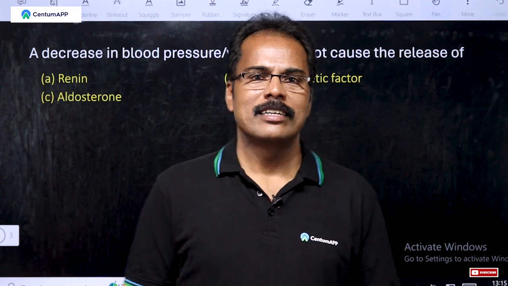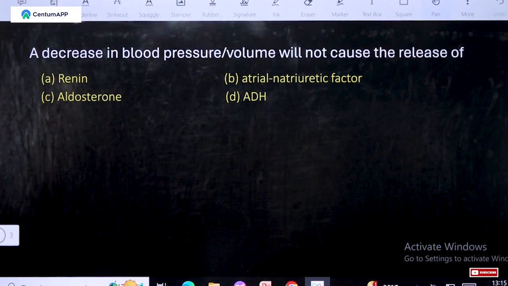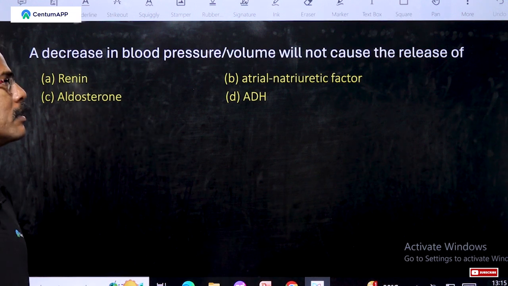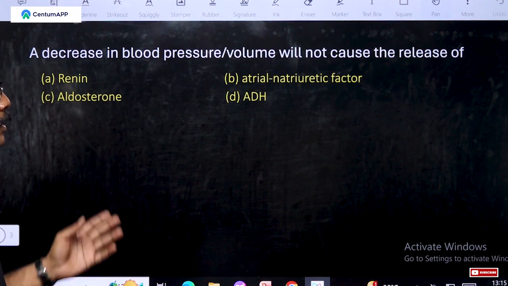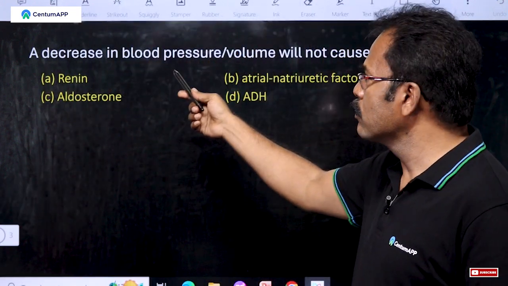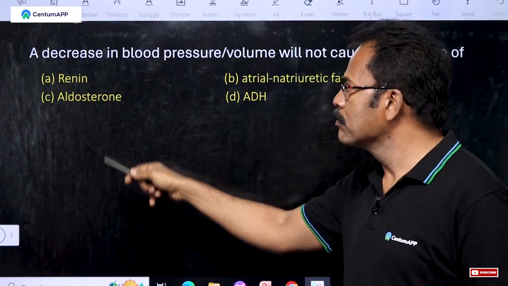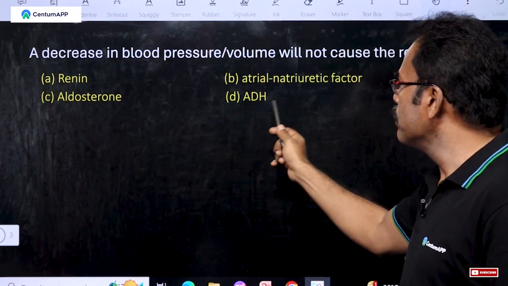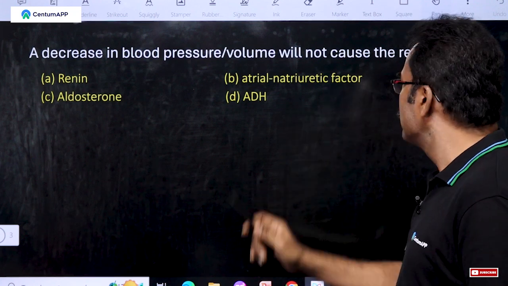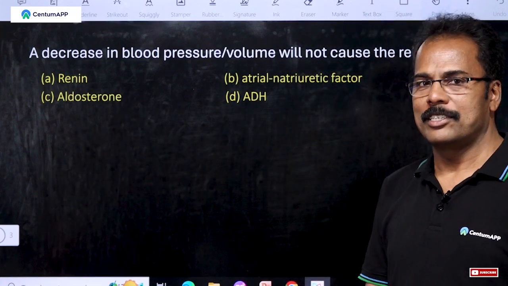The next question is: a decrease in blood pressure or volume will not cause the release of. There are 4 options. Once again, a decrease in blood pressure or volume will not cause the release of: A. renin, B. atrial natriuretic factor or ANF, C. aldosterone, D. ADH.